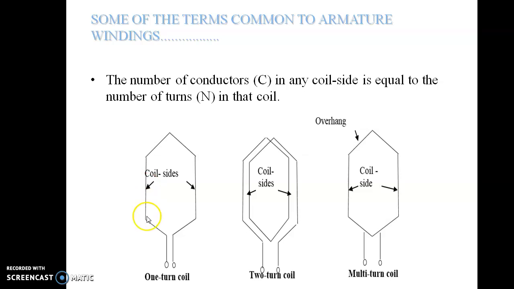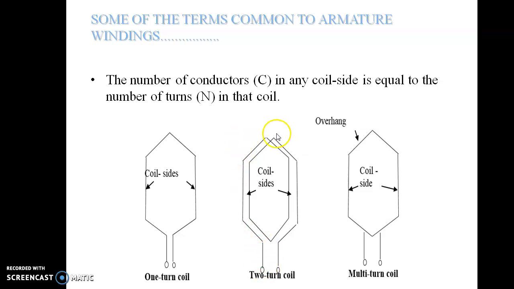This is one conductor, this is another conductor, or we can say this is one coil side, this is another coil side, and this is one end of one coil side, another end. Accordingly, both the ends of the coil sides are taken together, and this forms as a whole a one turn coil.